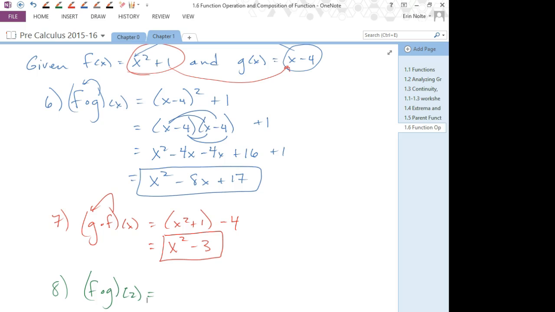Negative 2. Then you're going to plug negative 2 into the f. So it's negative 2 squared plus 1. 5. Okay, so you see how those particular ones might not have work, because you can kind of do those ones in your head. Alan likes those ones with no work.